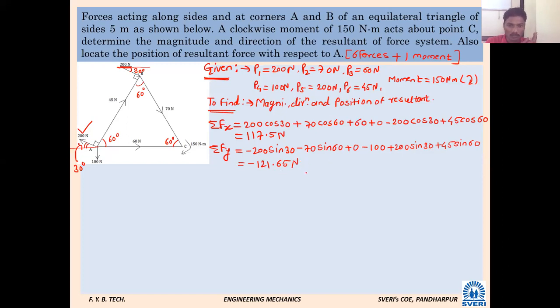Okay. Therefore, here I will write R is equal to square root of summation Fx squared plus summation Fy squared. Now both the values are with you.